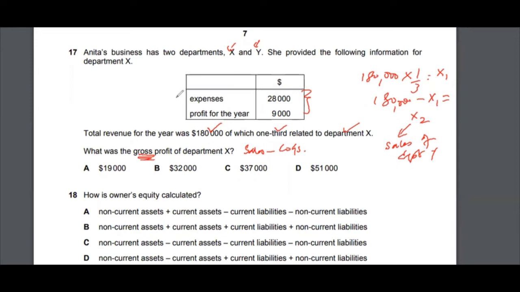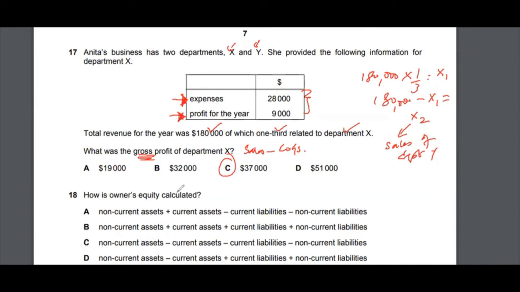You have the expenses for department X and the profit for the year. So use these numbers and calculate, and you can calculate the profit for the year. That should come out as 37,000. The correct answer to multiple choice 17 is $37,000.